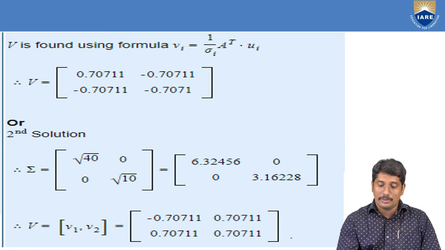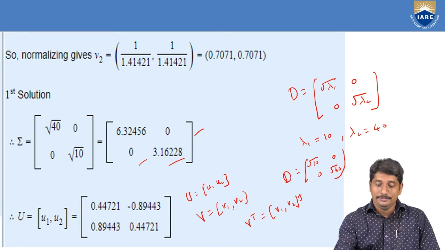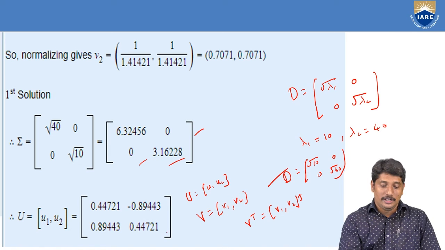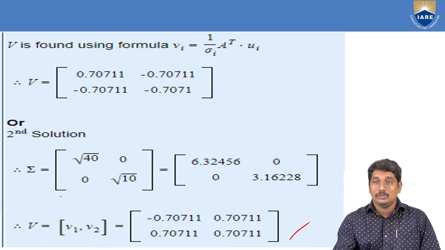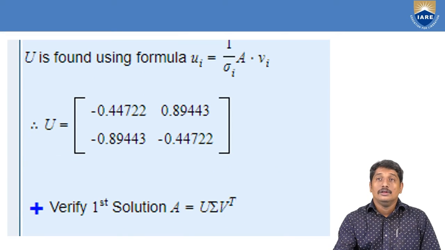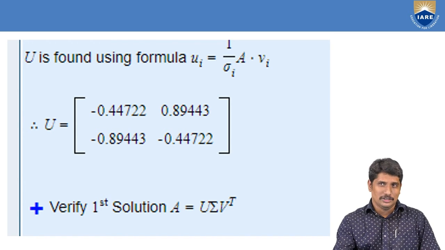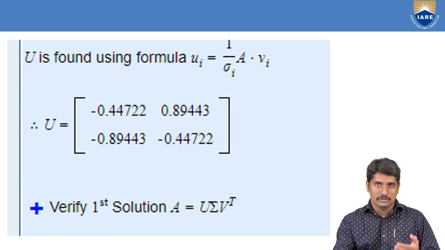This is our matrix V. Already in the previous slide, we have calculated D and we have calculated U. Now, here we are seeing our matrix V. Now, this is an alternate way of calculating U from V or V from U. You can calculate, but those are not needed because we have calculated both of them independently.